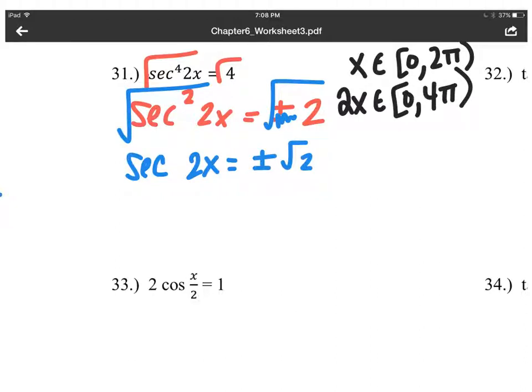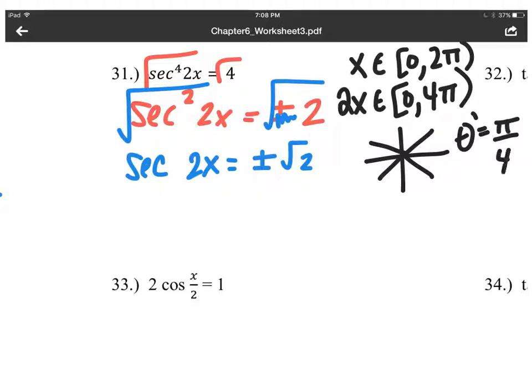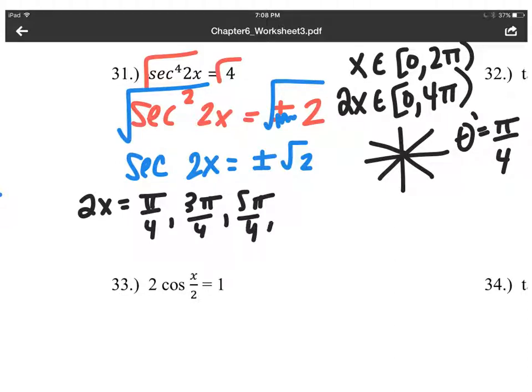And because I have plus or minus root 2, that's essentially saying all of the reference angles where secant would equal positive root 2 or negative root 2. And that would be all of my reference angles with a reference angle of pi fourths. So I start off by saying that 2x is equal to pi fourths, 3 pi fourths, 5 pi fourths, and 7 pi fourths, and that's the first time around the circle.